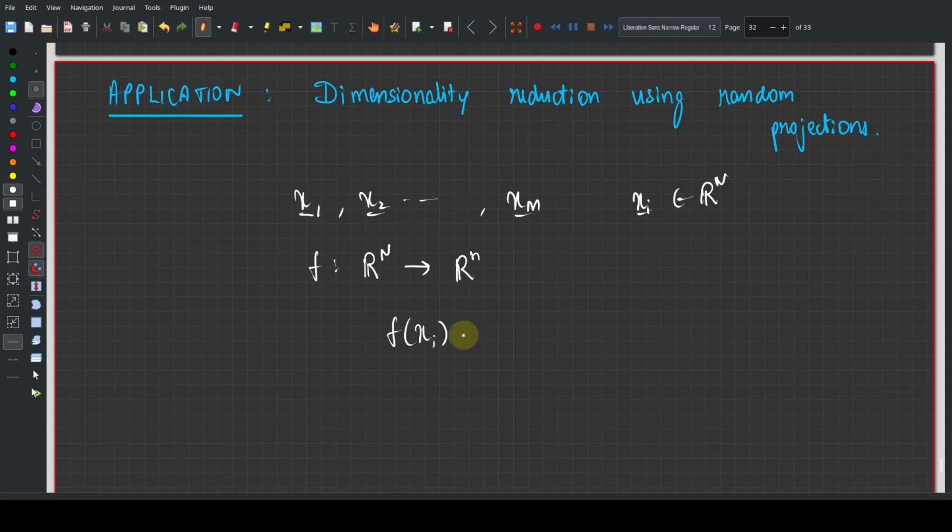If I look at the distance between f of xi and f of xj, this is approximately equal to the distance between xi and xj. And this is particularly useful if you want to perform Euclidean distance operations over this.